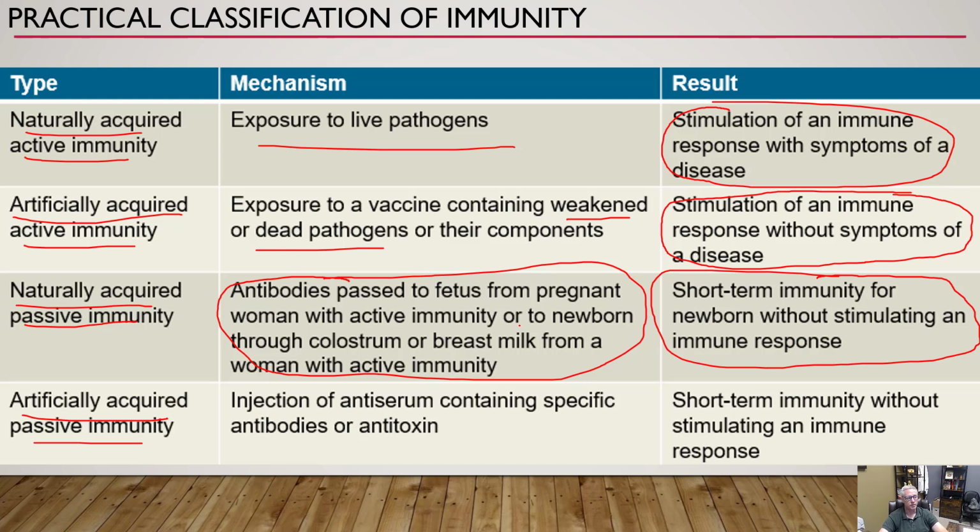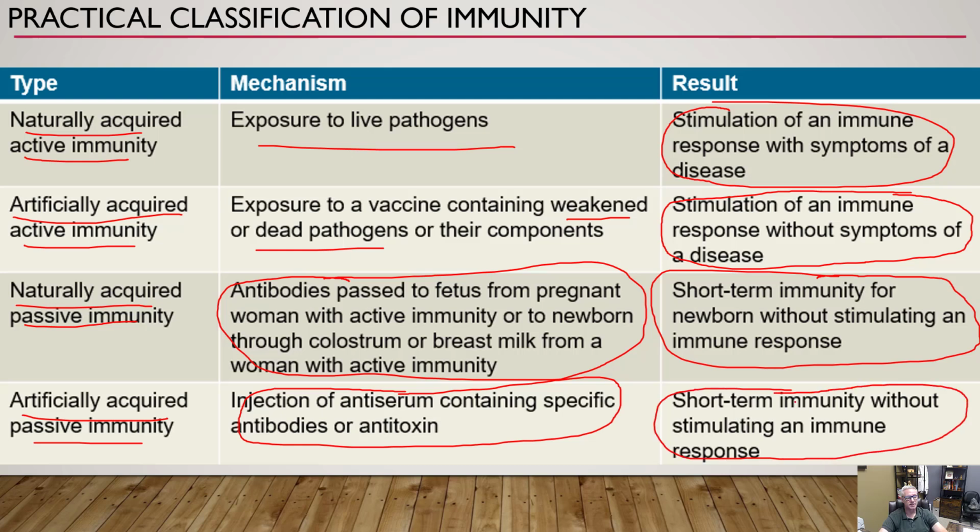Now, artificially acquired passive is when we have injections of anti-serum containing antibodies or antitoxins. This is very short term, and it does not stimulate the immune response.